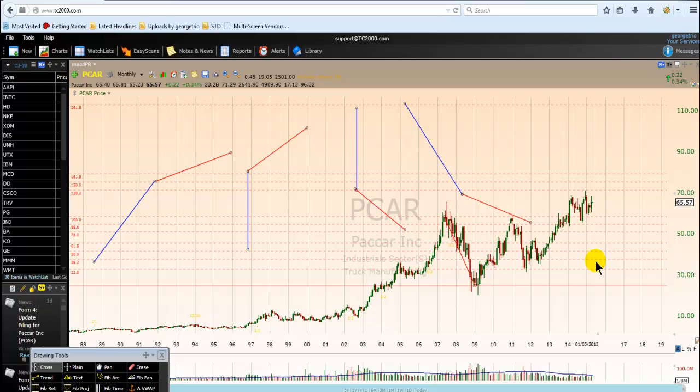So when we are talking about the ending diagonal, we want to know when and where it will take place. It will take place in the fifth Elliott wave. Now, this is about where the ending diagonal takes place. The next question is when does the ending diagonal take place?